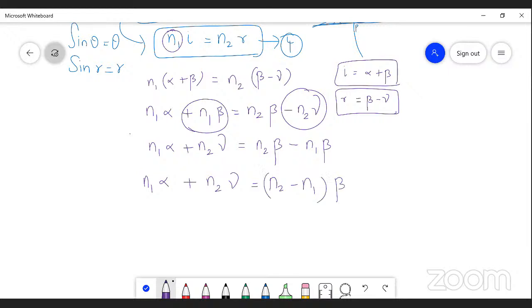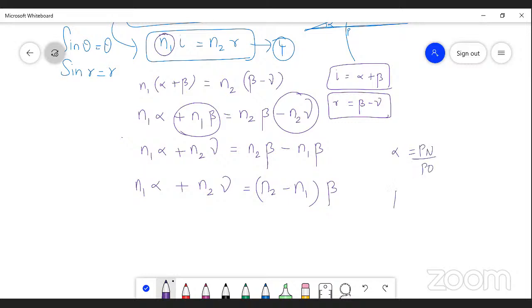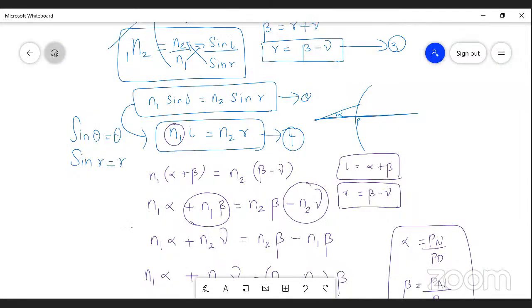What are the alpha, gamma, and beta values? Substitute them.